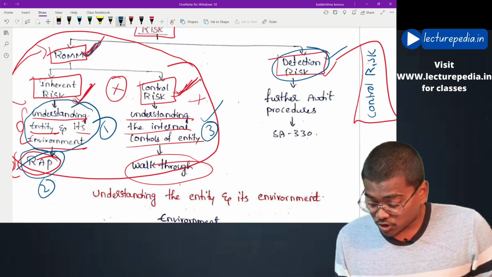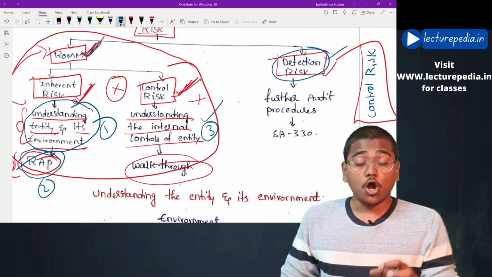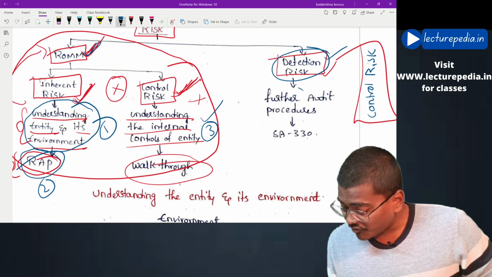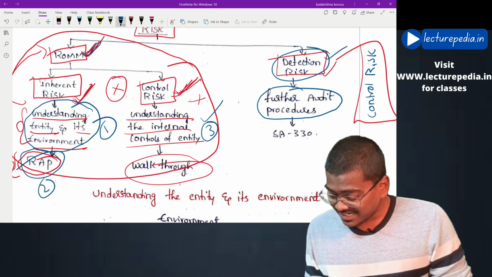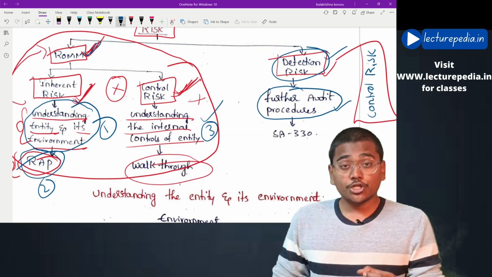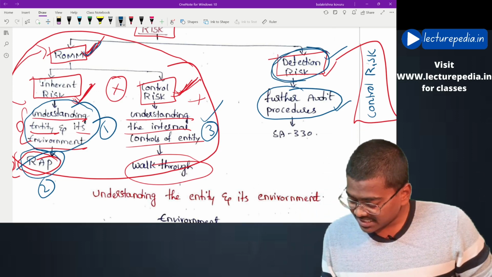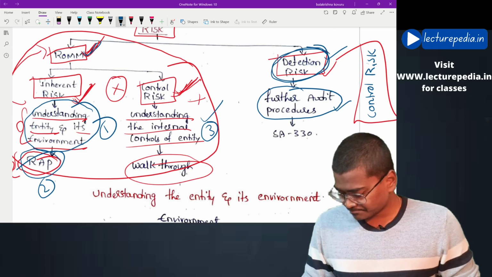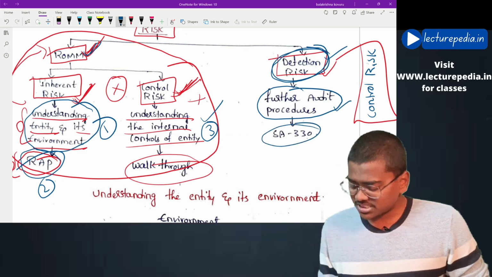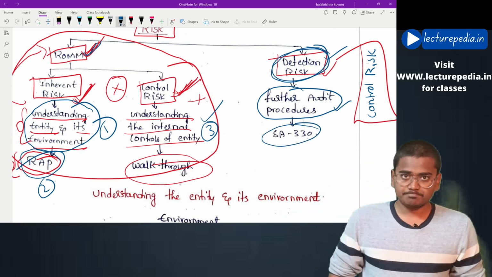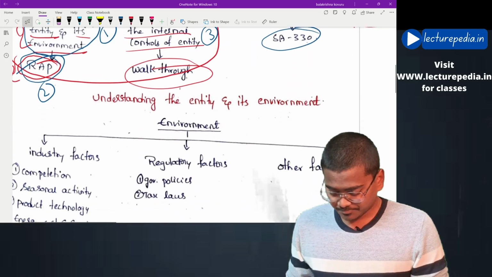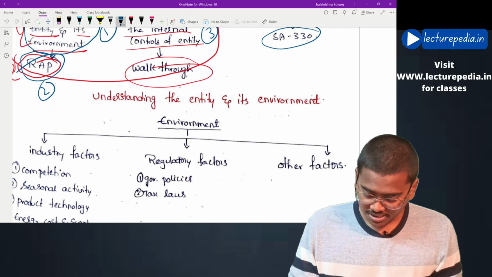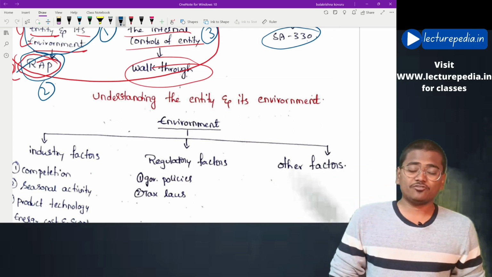Based on this, the auditor will design his further audit procedures in order to reduce the detection risk. These further audit procedures we will be discussing in SA 330. Hope that is clear.